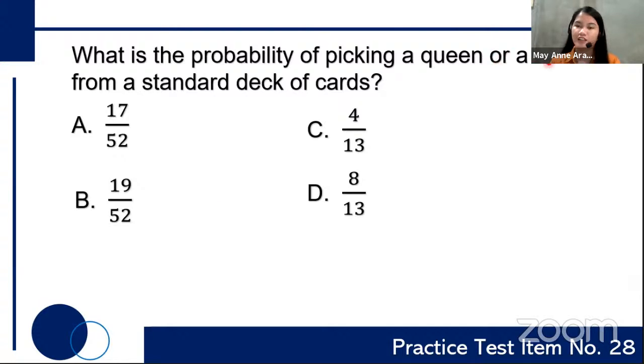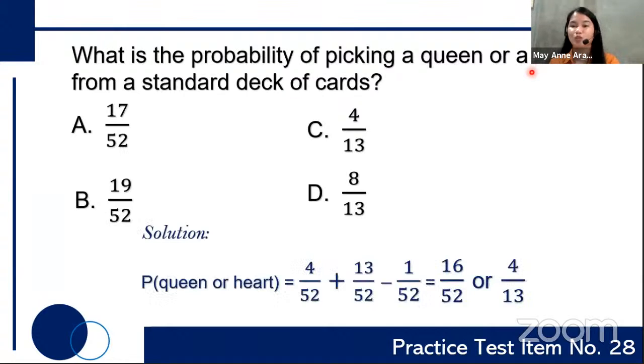And take note of their intersection, because there is a queen that is a heart. So we subtract 1/52 from that. So you have 4 plus 13, 17, minus 1 is 16/52. And in lowest terms, you have 4/13. That is the common mistake there: not taking the intersection of the 2 given events.